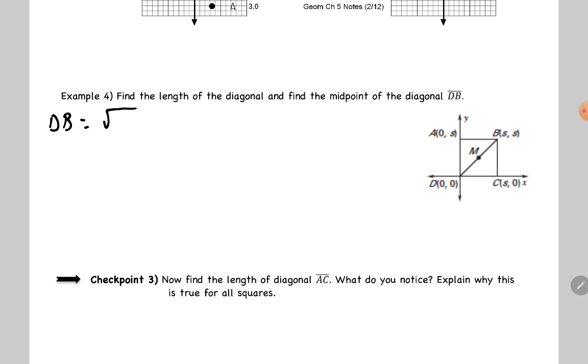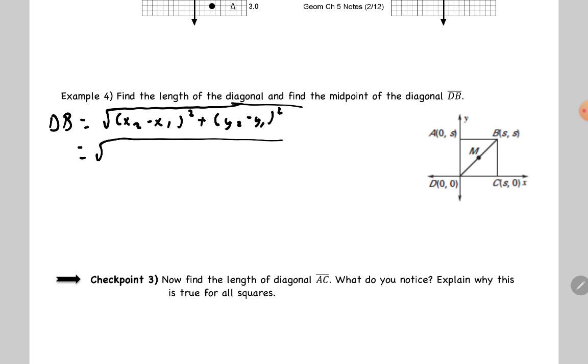So remember the distance formula is x2 minus x1 squared plus y2 minus y1 squared. And I'm just going to call this one x2, y2, and x1, y1. And you're going to see that it's going to be a lot easier. Now, if we had numbers, we would just put the numbers in. But in this case, we have letters. So we got to put those in.